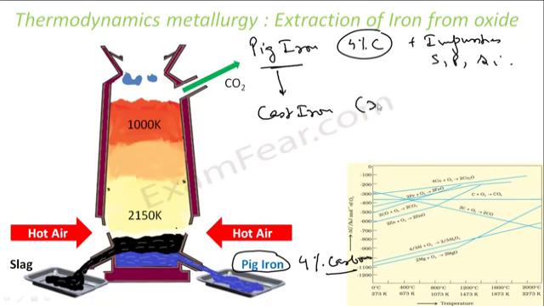Cast iron has 3% carbon. It has fewer impurities, but again this is also hard and brittle.